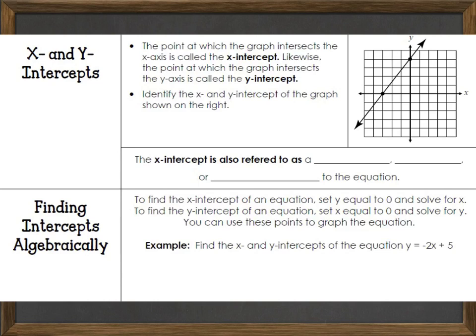This one, we're talking about x and y intercepts. That's where it crosses the x-axis and the y-axis.